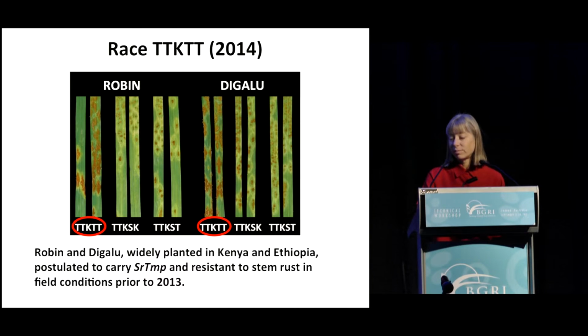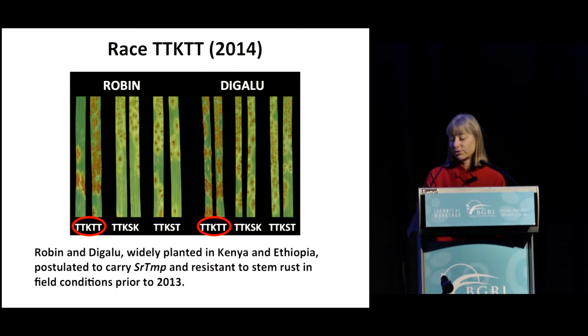In addition, part of our phenotypic characterization includes inoculation of the new races on varieties and cultivars grown in East Africa. And here I'm showing the results for two varieties, Robin and Digalu.